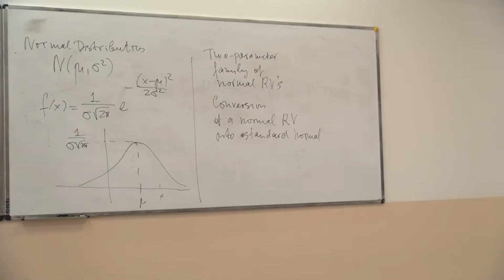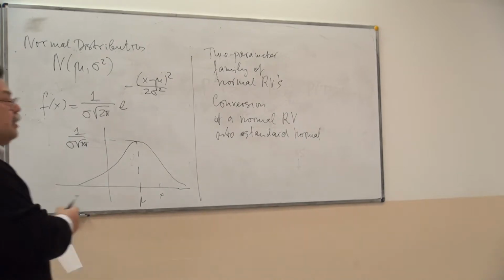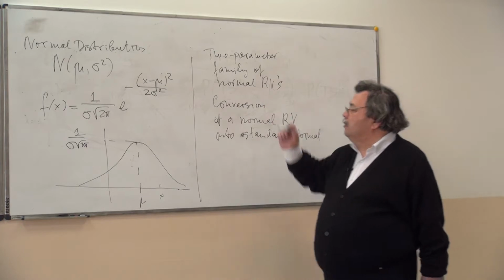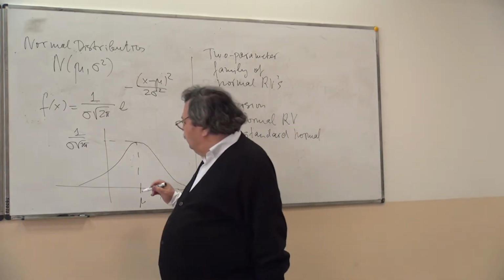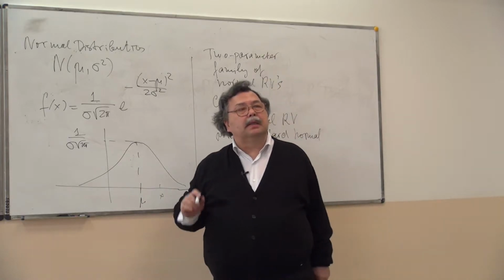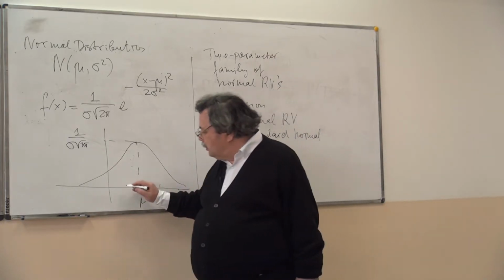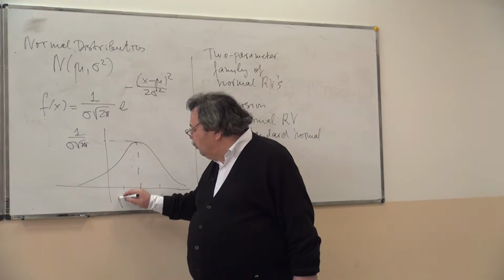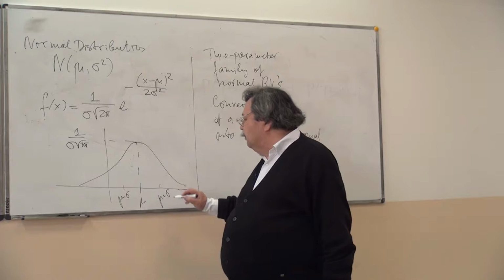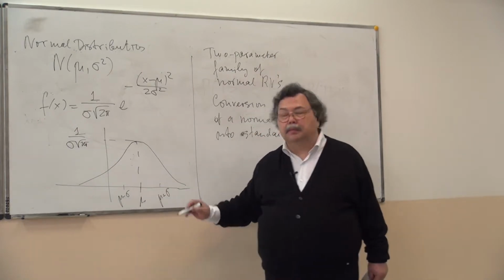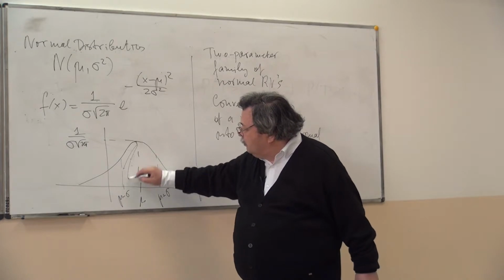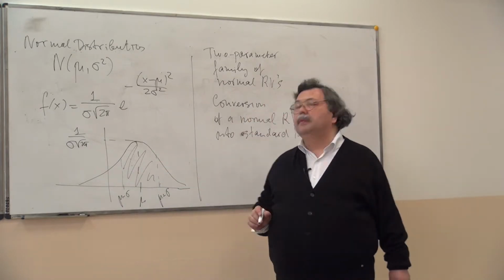First, it was noticed, and it can actually be proved quite rigorously using this formula, that if we look specifically at the probability that x gets within the interval from mu minus sigma to mu plus sigma, so in this interval, and this probability is represented by this area on the graph.